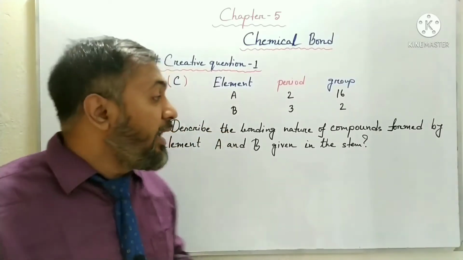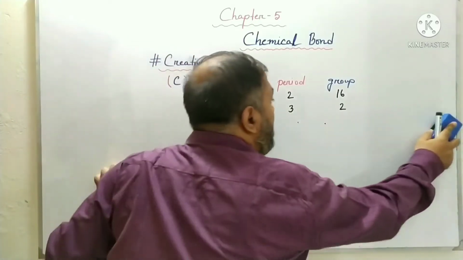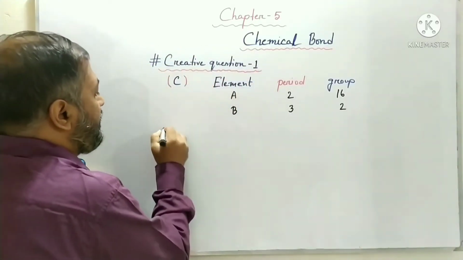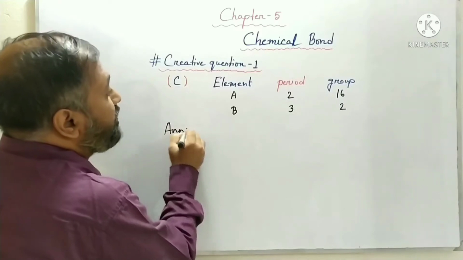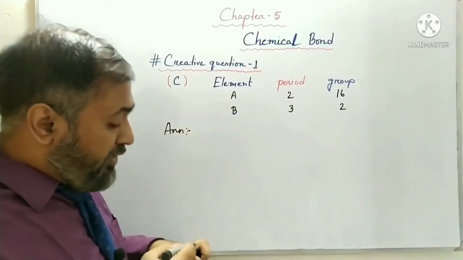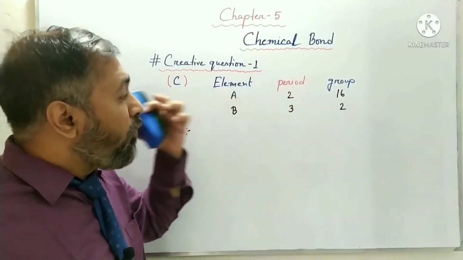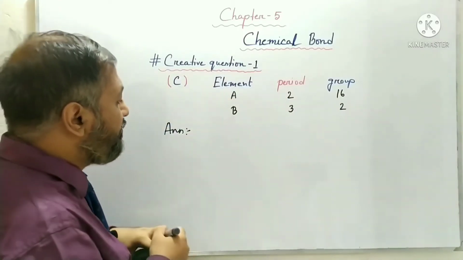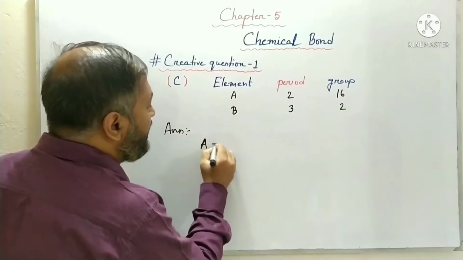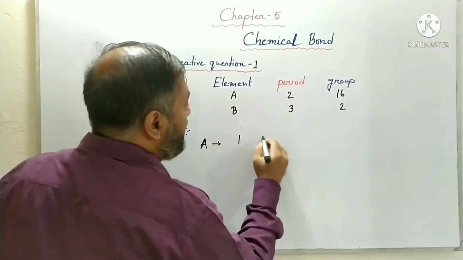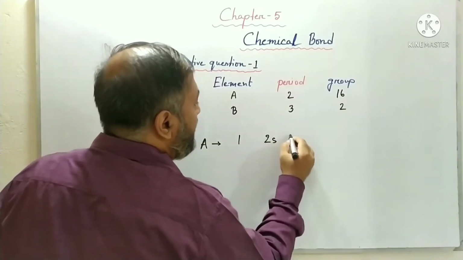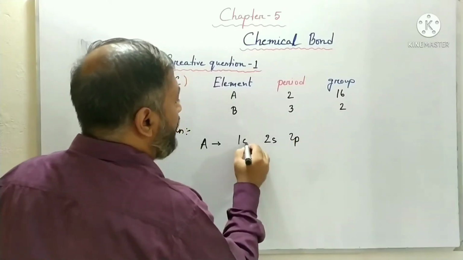Now students, I am going to explain this question. You can see the board. First of all, the element which belongs to group 16 and period 2. So when we go through the electronic configuration of element A, what will you observe? 1s2, 2s, 2p.